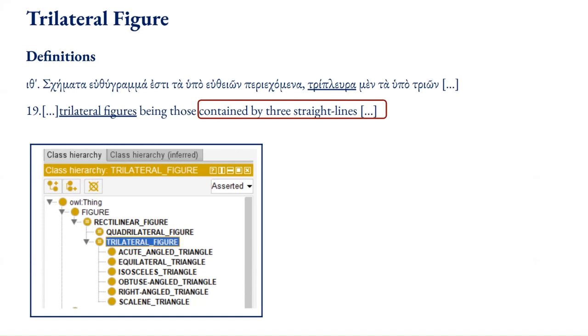So you can add the subclasses obtuse angled, right angled, and acute angled triangle, as subclasses of trilateral figure.